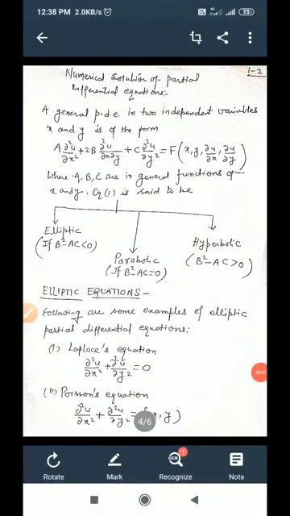The topic we are going to discuss is numerical solution of partial differential equation.